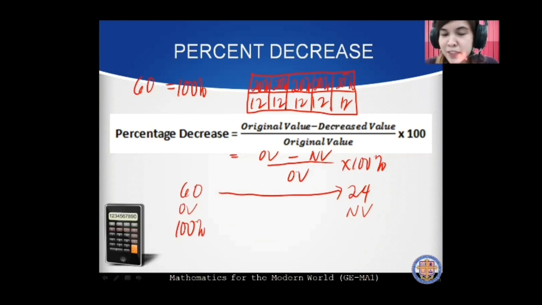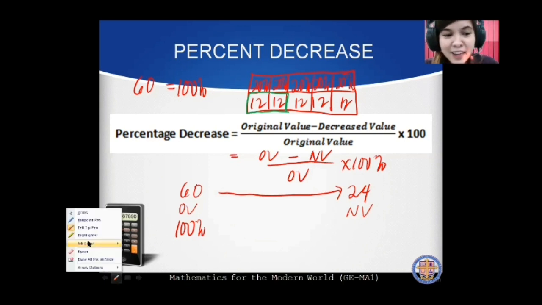I-highlight ko yung nabenta niya ngayon. So, ito yung nabenta niya ngayon, di ba? Na-highlight ko ng green ink. So, 24. Yan lang yung nabenta niya. O, ang nawala sa kanya na bilang ng itlog, kasi kahapon 60 yung nabenta niya eh.